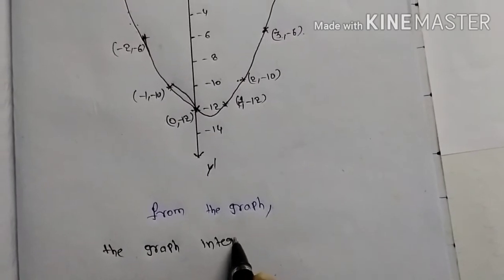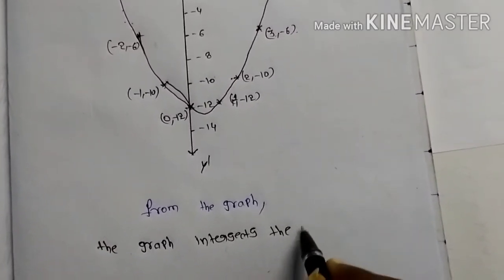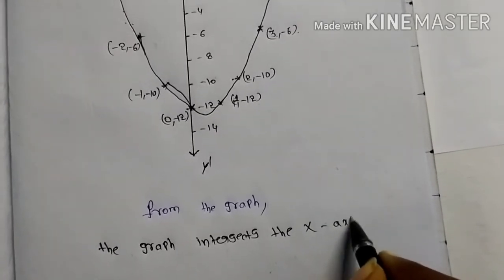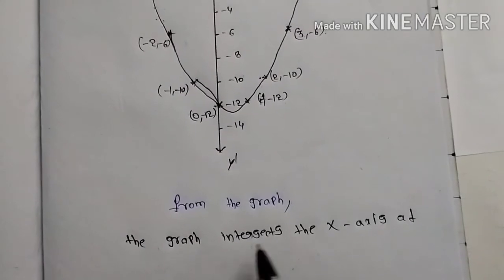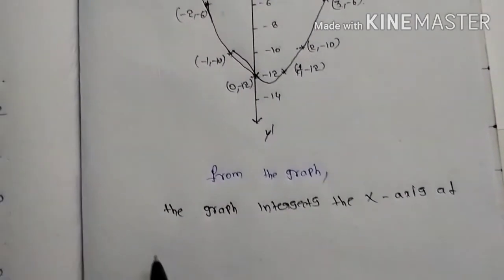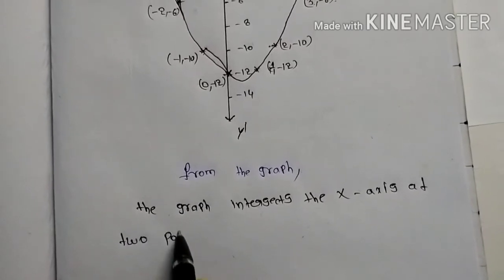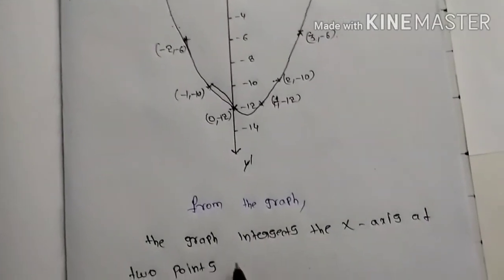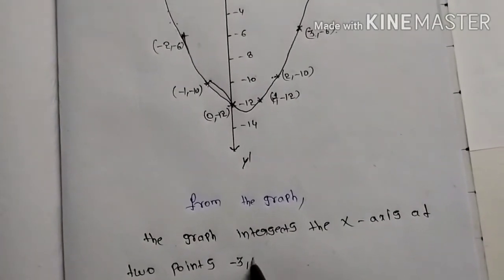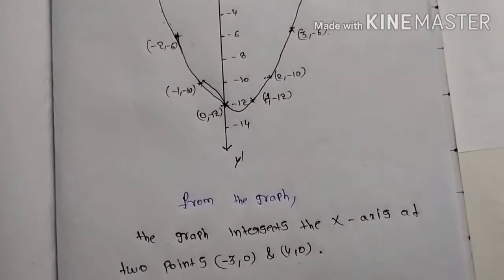From the graph, it intersects the x-axis at 2 points, where it is, minus 3 comma 0 and 4 comma 0.